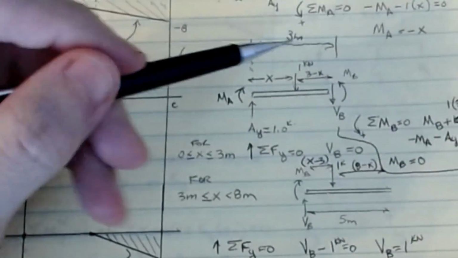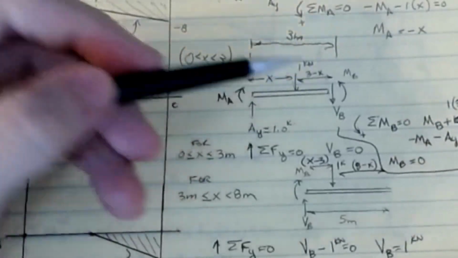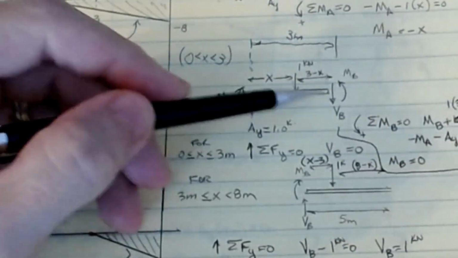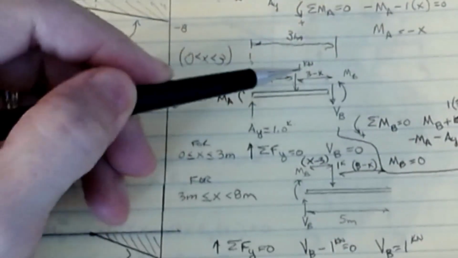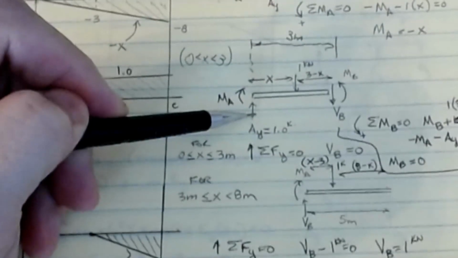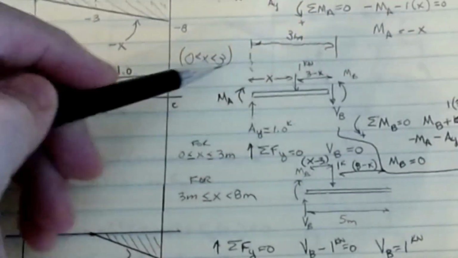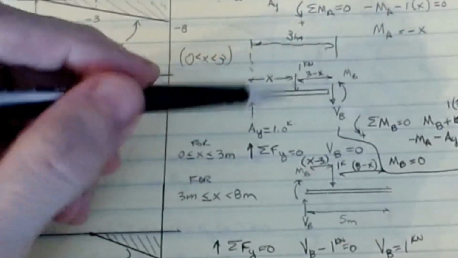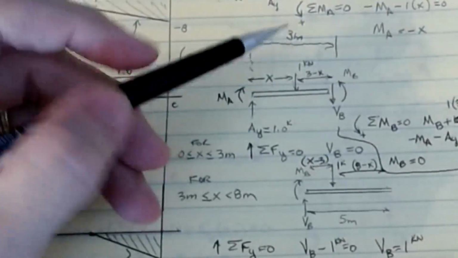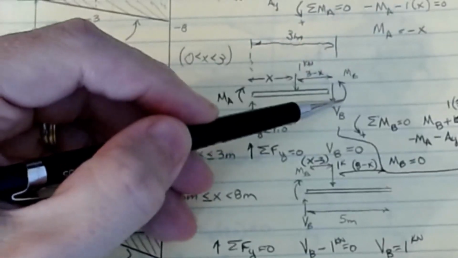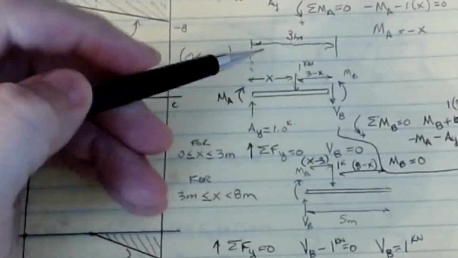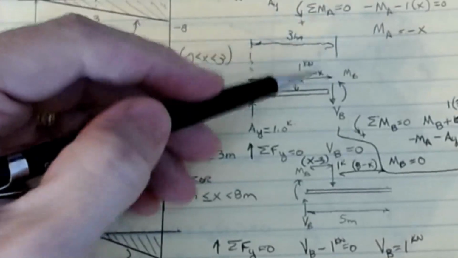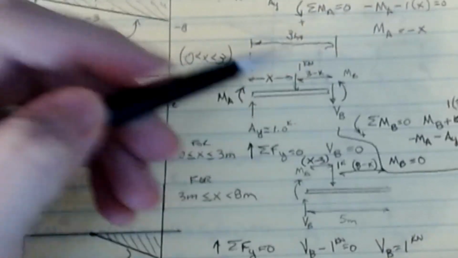If I'm after the shear at B, if this is 1 and this is 1, then VB is 0 on that interval. That's kind of an interesting thought, but we'll decipher what that means in a second. And then the moment, mathematically, I can solve for the MB value. If this is X and the whole thing is 3, then this distance is 3 minus X.